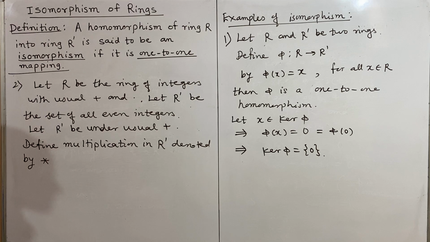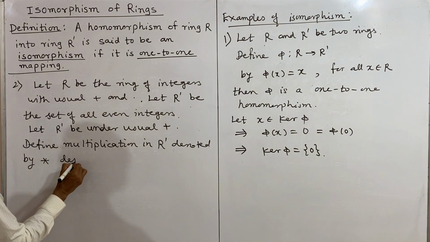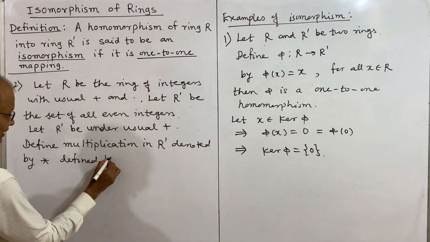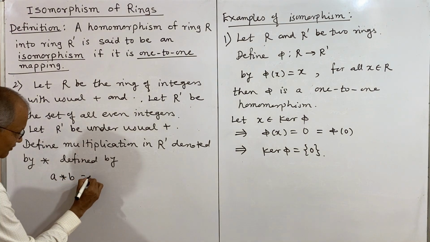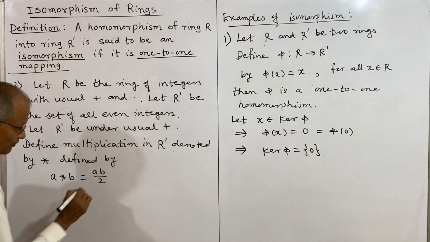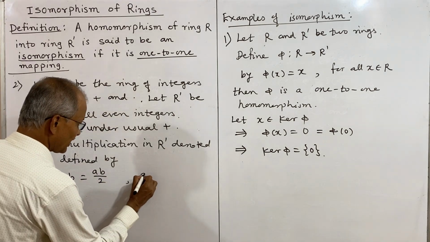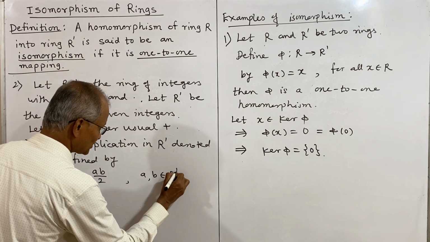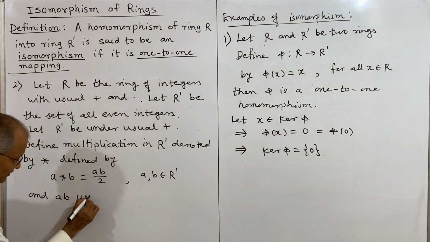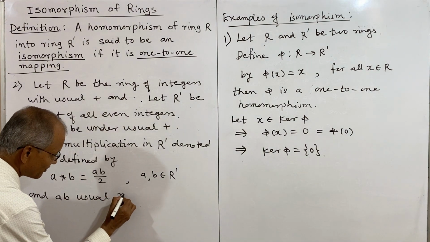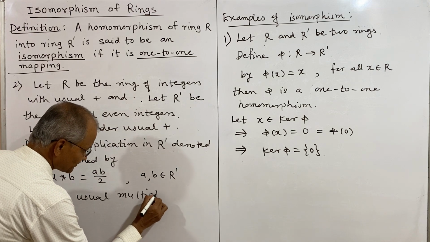We denote multiplication in R dash by this symbol asterisk, defined by A asterisk B is equal to AB divided by 2, for A, B belongs to R dash, and AB is the usual product, usual multiplication of integers.